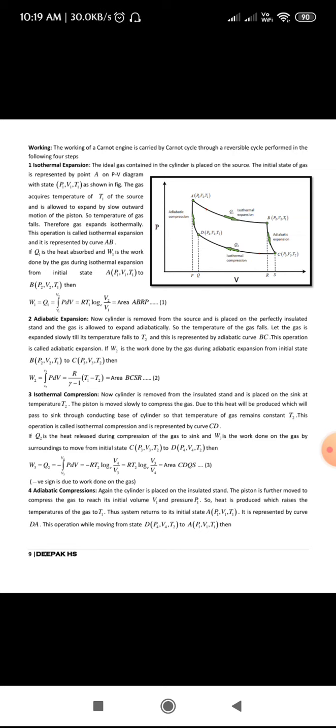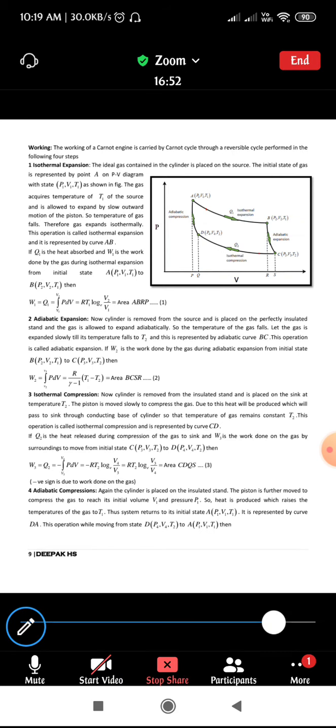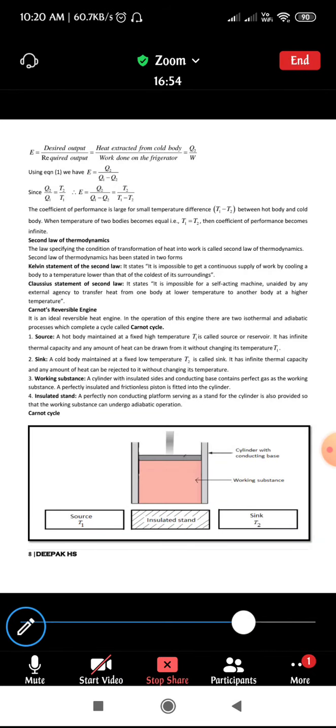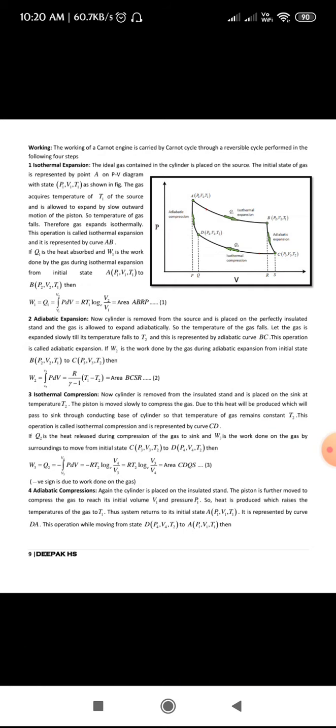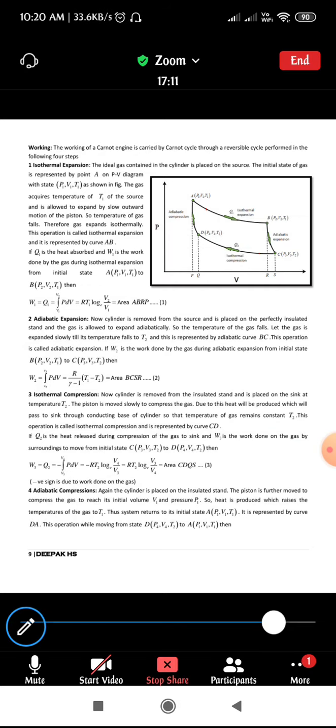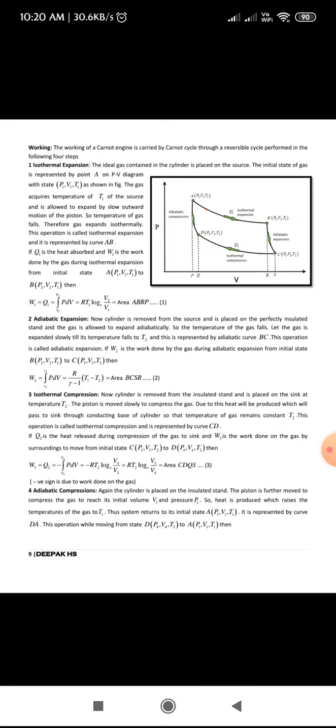Just go through the figure, that is this one. Similarly, go to the PV diagram, go through the explanation and equation. In case you have any doubts regarding this first isothermal expansion, please let me know. Because if you have not understood this, then it will be complicated when I'm explaining the isothermal compression.